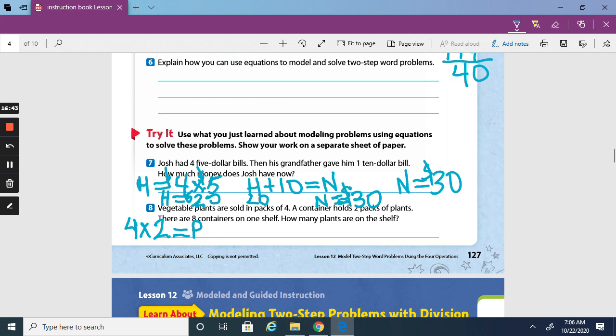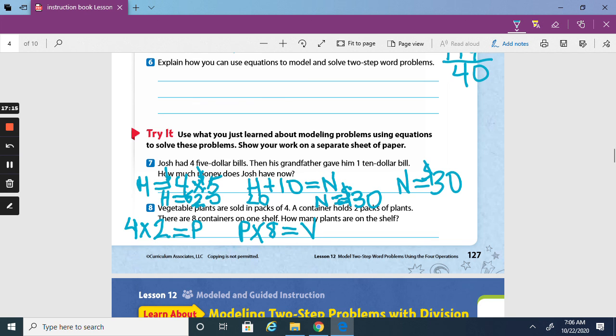How many plants are on that shelf? So if I want to find out how many total vegetable plants there are on that shelf, I would have to do P, which is the number of plants, times 8, which is the number of containers on one shelf, and that's going to give me V, the total number of vegetable plants on the shelf.